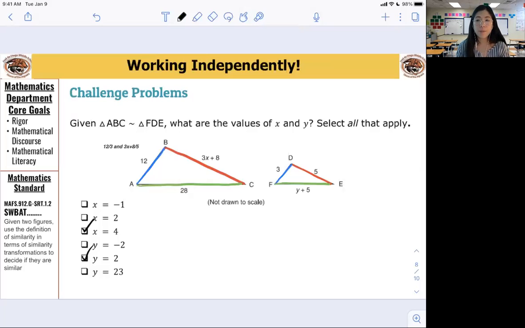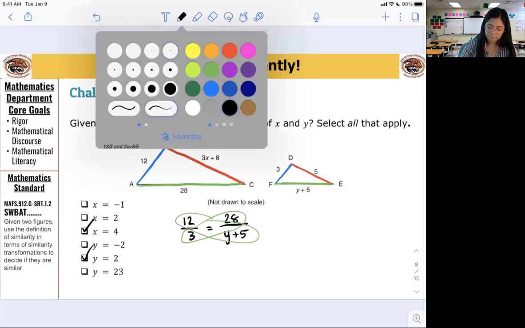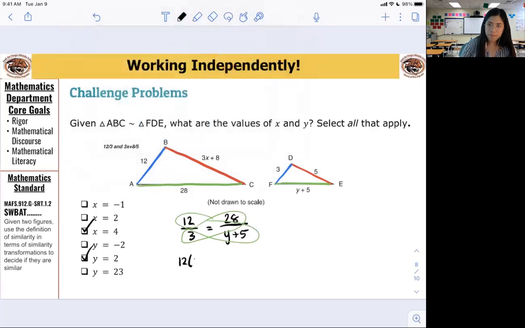But if we do it with the proportion, you'll always check that you get the right answer. Because if you did it this way, 12 over 3 equals 28 over y plus 5. The proportion never lies. The proportion will always lead you to the right answer. 3 times 28, what's that? 84.